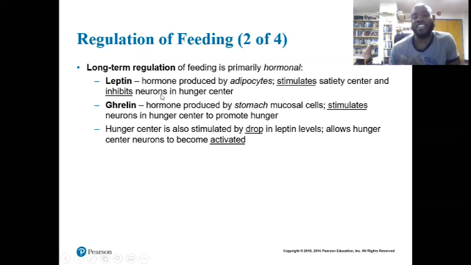That's why they say your stomach is growling. The hunger center is also stimulated by a drop in leptin levels, which allows hunger center neurons to become activated. So your fat cells stimulate the fullness, that you're satisfied not to eat. The stomach hormones stimulate that you're hungry.